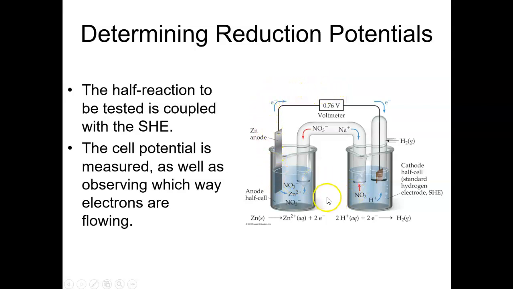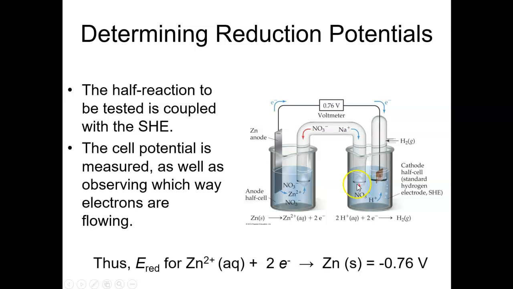So in this case, when I hook it up to zinc, the voltmeter reads 0.76 volts, and it tells me that zinc is acting as the anode and the standard hydrogen electrode is acting as the cathode.